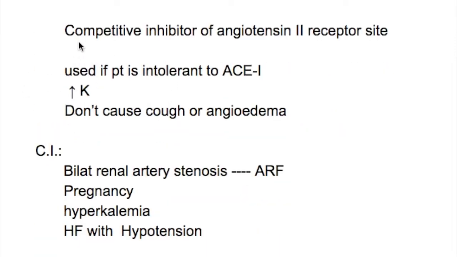The next group of vasodilators are angiotensin receptor blockers. What do they do? They are competitive inhibitors of angiotensin 2 receptor sites. Competitive inhibitor at the receptor. They are used in patients who are intolerant to ACE inhibitors.